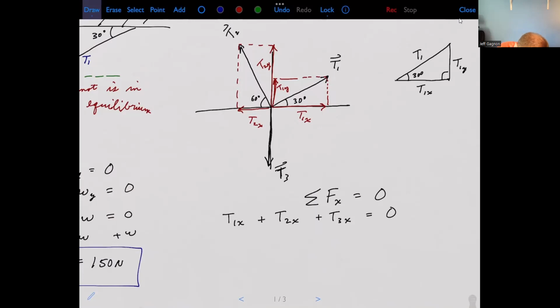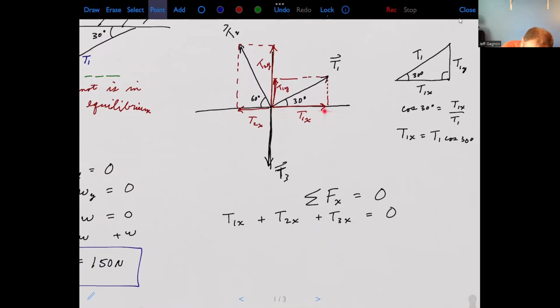Or here, I'll do it out carefully the first time. So I know that cosine of 30 must equal the adjacent side, T1x, divided by T1, the hypotenuse, right? Cos, SOHCAHTOA. So if I solve for T1x, I find that T1x is equal to T1 times cosine of 30 degrees.